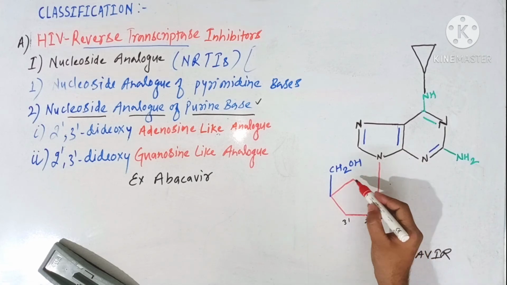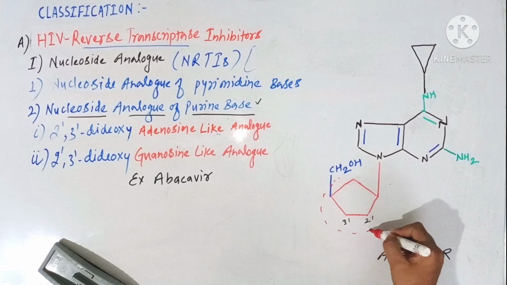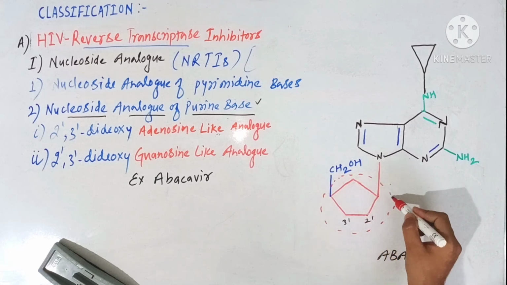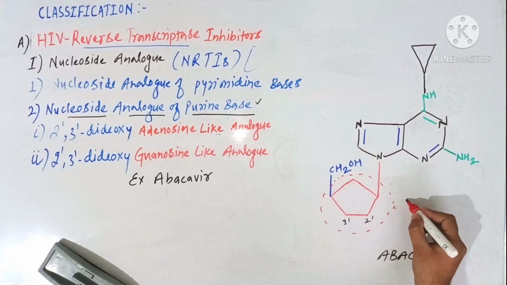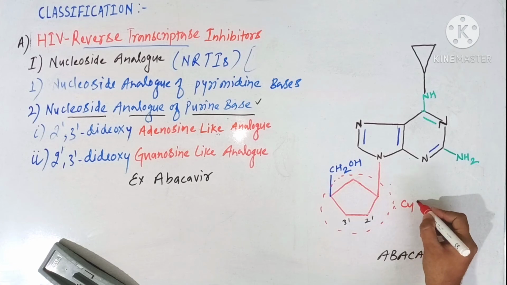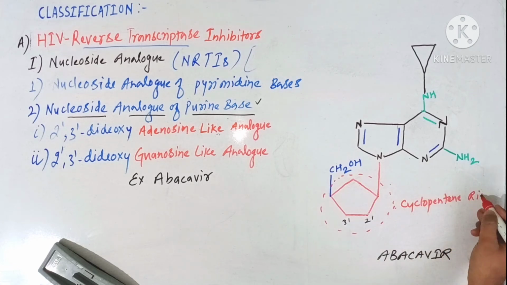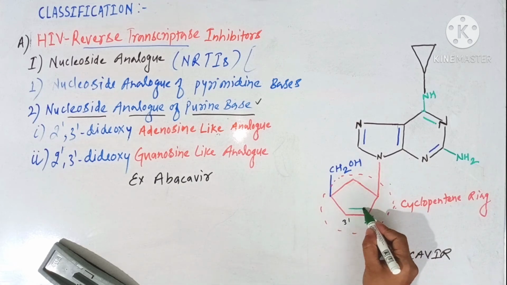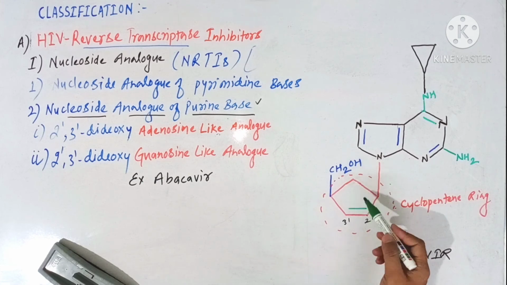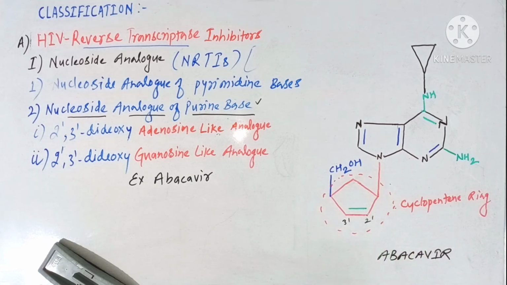Here this ring is actually not a ribose sugar but a cyclopentene ring. It has an unsaturation between the 2' and 3' carbons, so there is no oxygen in this ring. This is the cyclopentene ring which is present in Abacavir.